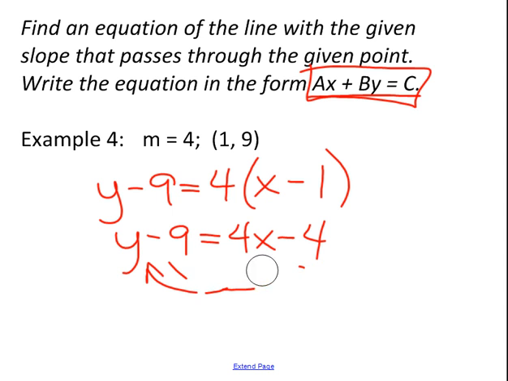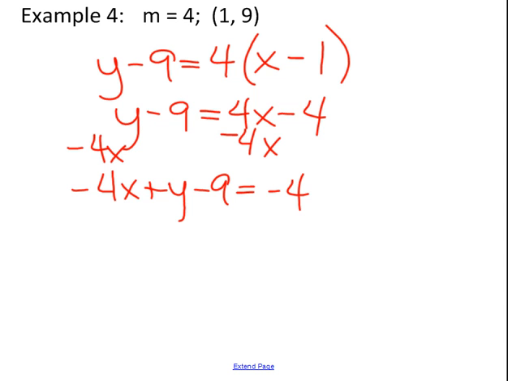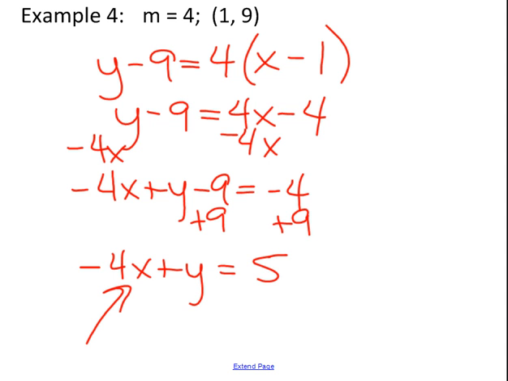So I'm going to subtract 4x from both sides. Subtract the 4x. So negative 4x plus y minus 9 is equal to negative 4. I need the 9 on the other side, so I'm going to add it to both sides. And the x has to be positive, so multiply by negative 1, and you get 4x minus y is equal to negative 5.